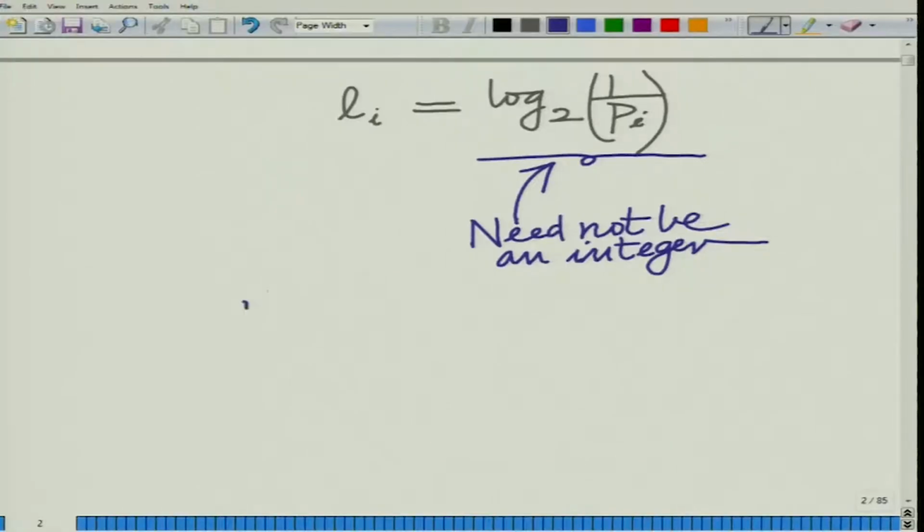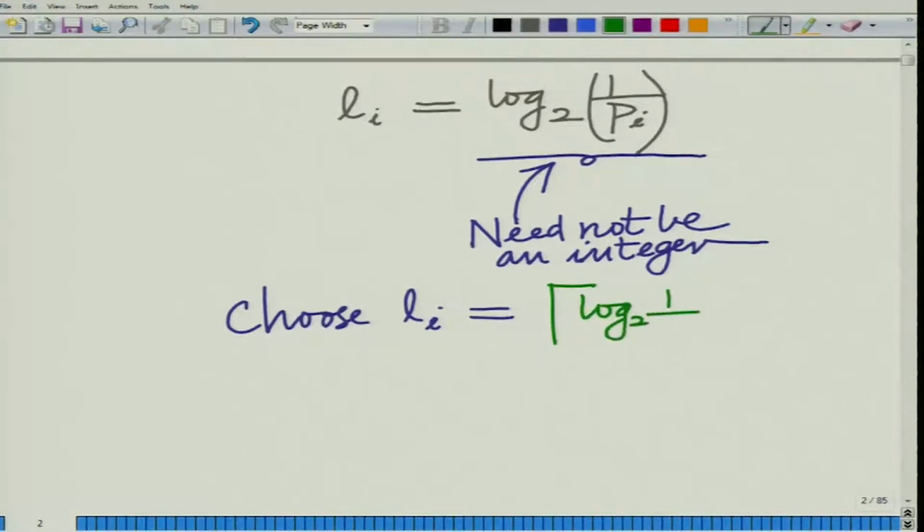So Li equals the ceiling function, because if you choose the lower integer, then you can violate the lower bound, I cannot decrease it beyond that, but I can always choose a length which is higher.